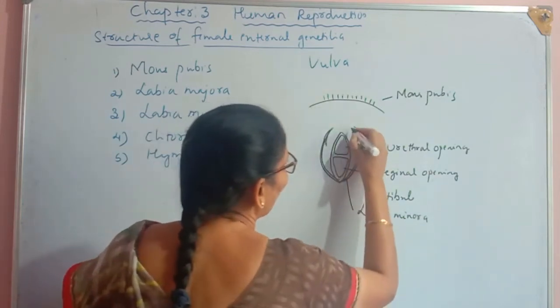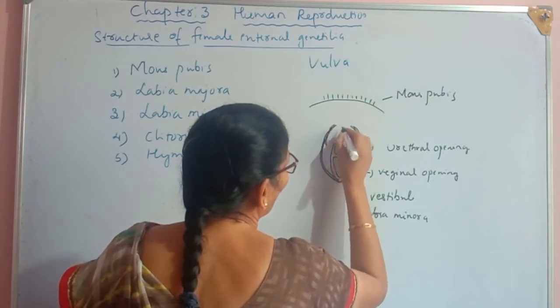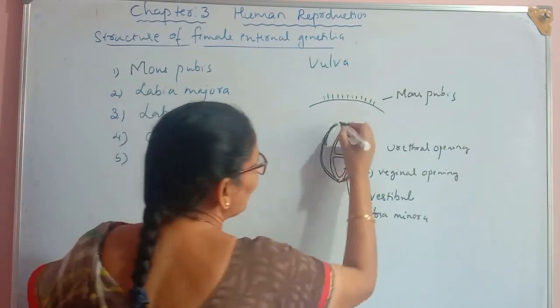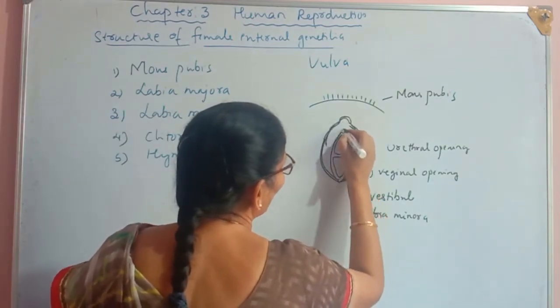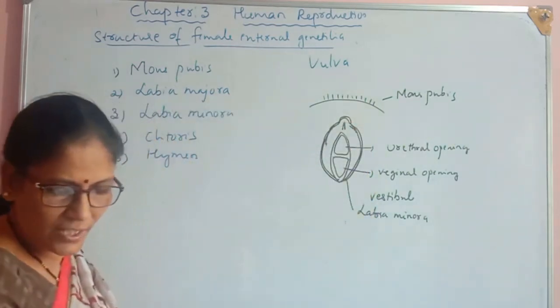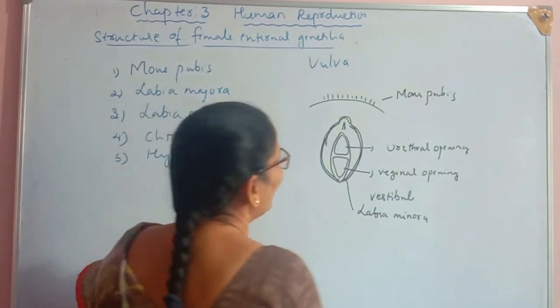And at the junction between these labia minora, an erectile structure is present. This structure is called the clitoris.